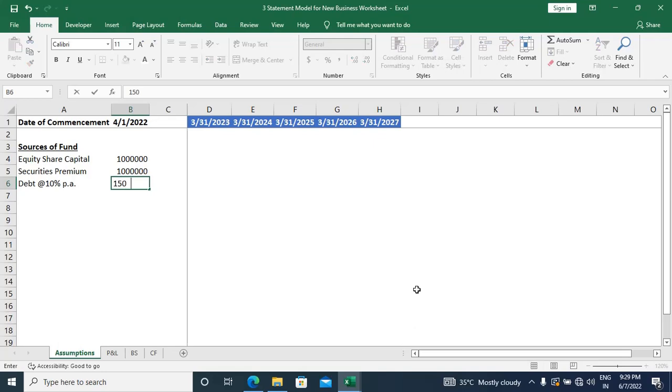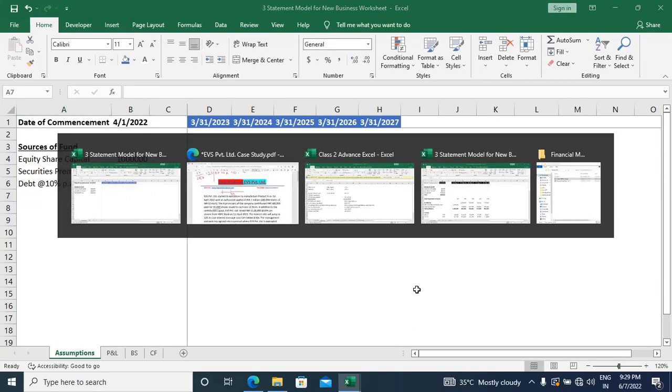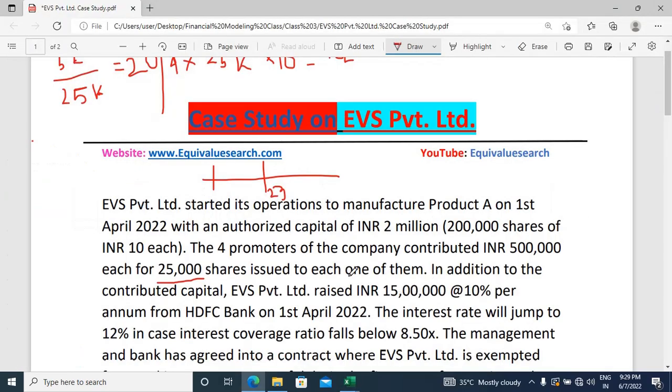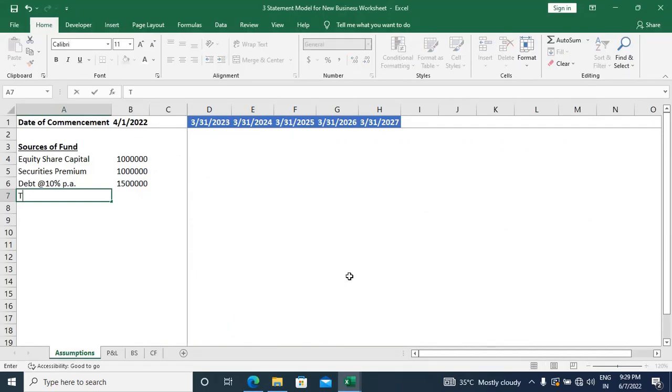How much? 15 lakh. It was given here, right everyone? Now the total of this capital structure. How can you do it? Easily. Alt equal to, press enter, you have got your capital structure ready.